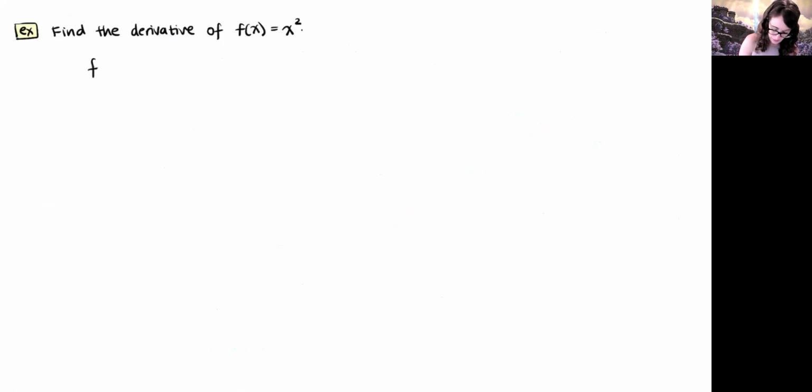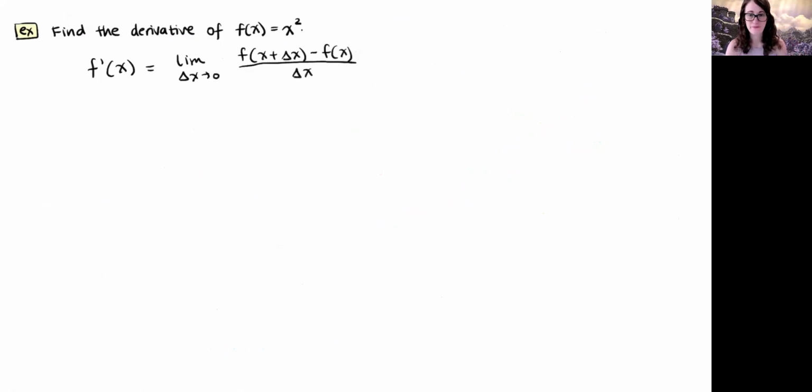So f prime of x is equal to the limit as delta x approaches 0 of f of x plus delta x minus f of x all over delta x. This is just the formula for finding the derivative. Now we need to figure out what it is for our specific function, for x squared.